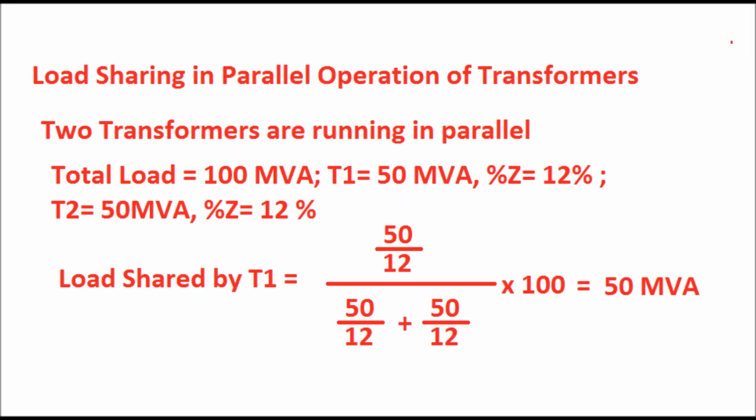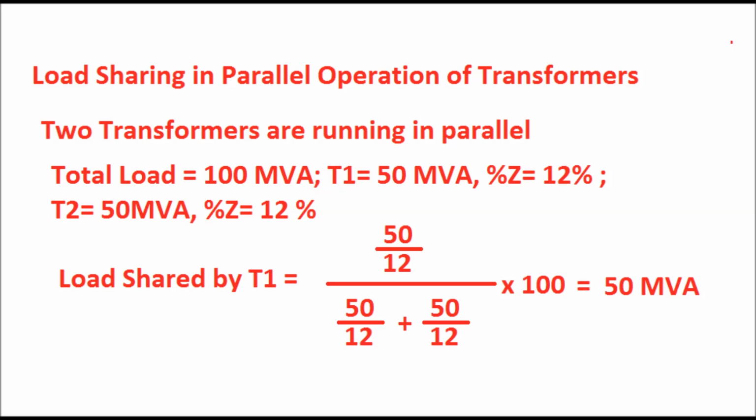Now let us take an example. The total load is 100 MVA and the transformer capacity of the two transformers is equal, that is 50 MVA, and percentage impedance is also equal, that is 12%. So load shared by transformer 1 is equal to (50/12) divided by (50/12 + 50/12) into 100.